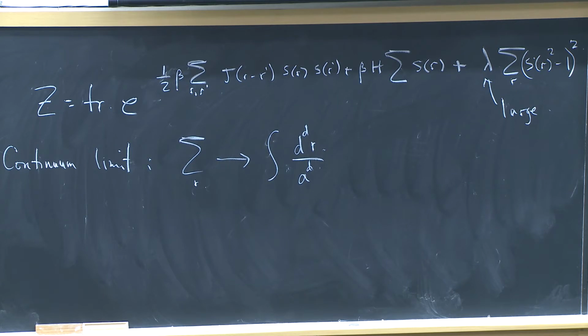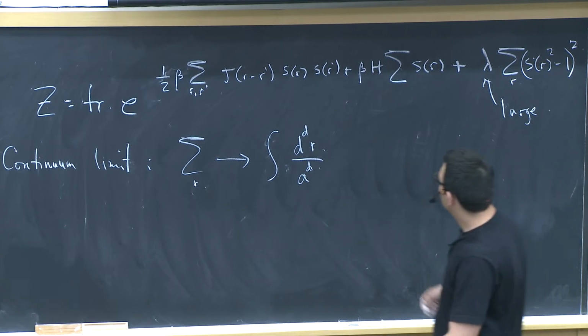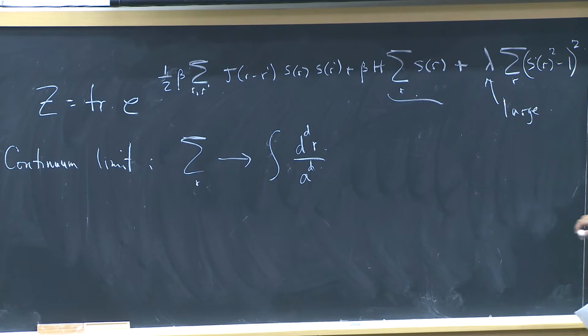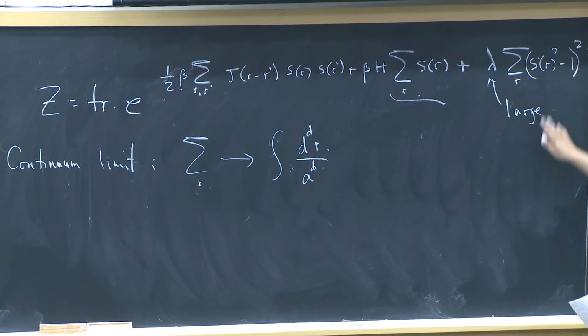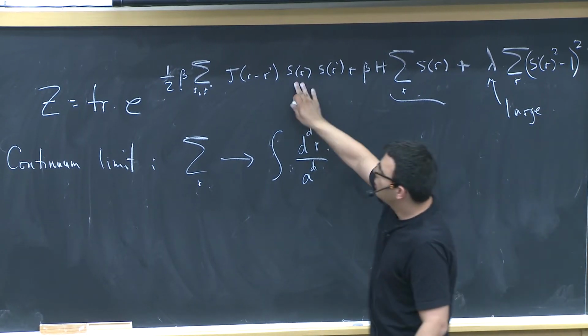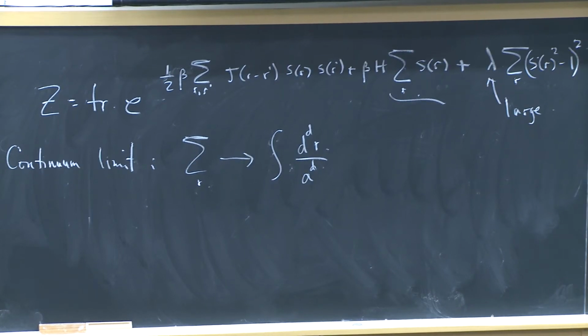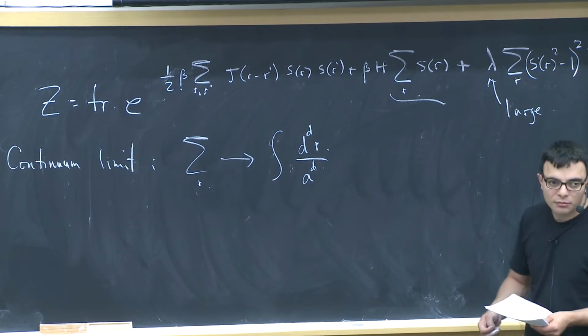And then there's a standard way of taking the continuum limit of this expression. This term is easy, it just becomes an integral. This also just becomes an integral. This is a little more complicated, and it's important when we take the continuum limit of it that J decays pretty fast with the distance.